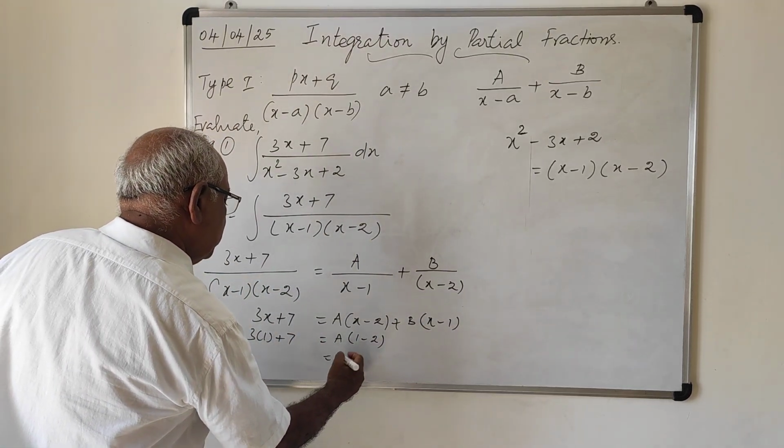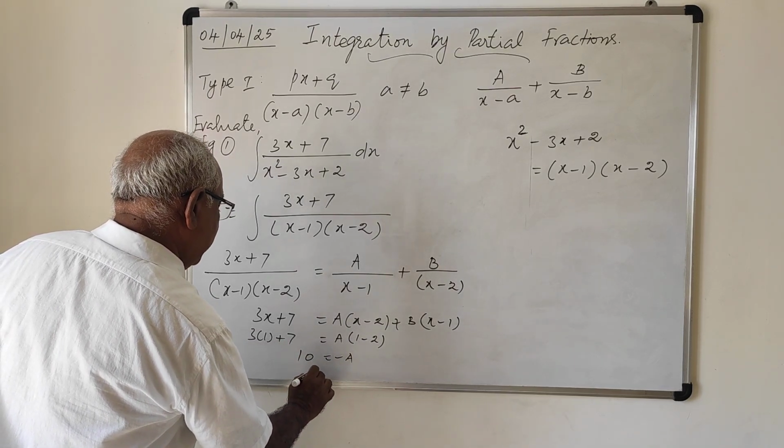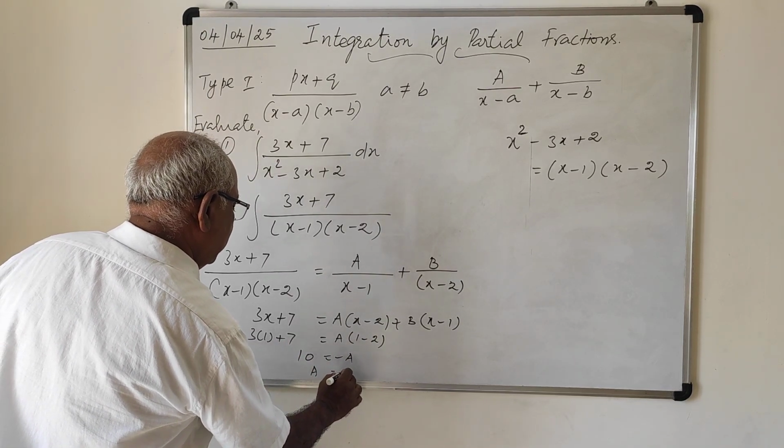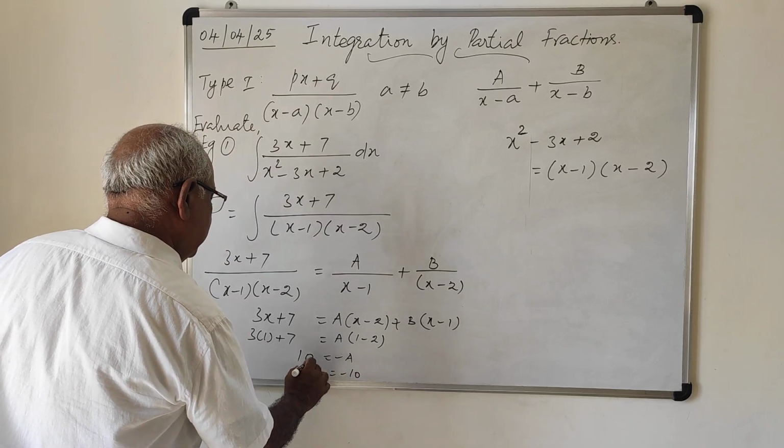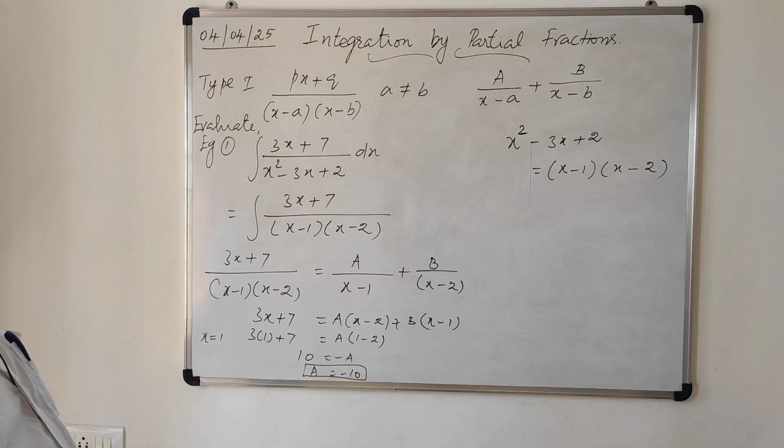Therefore minus a equal to 3 plus 7, which is 10, so a equal to minus 10.